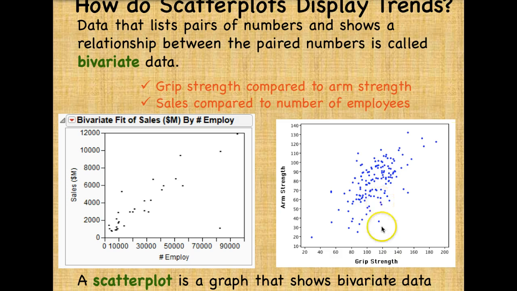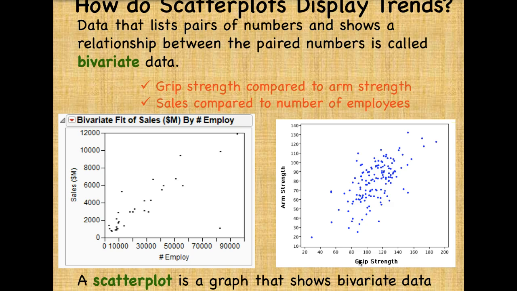We are creating this scatterplot to see if there's any kind of relationship between the two. For example, the more grip strength you have, perhaps the more arm strength you have. What do you think the scatterplot shows? Our goal is to interpret whether there is a relationship, and also to determine if greater grip strength automatically causes arm strength.